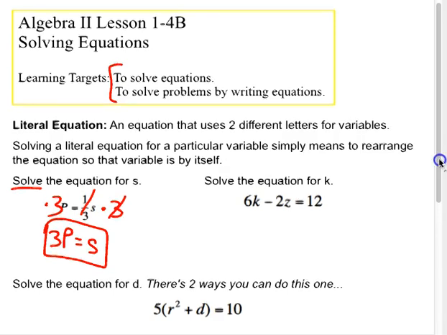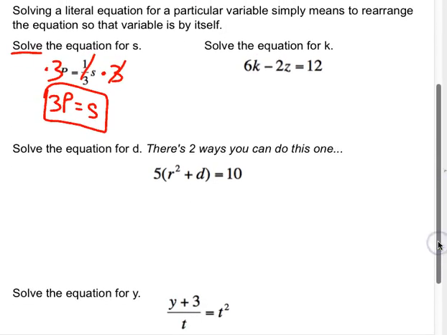Or what about this one? Solve for k. So I want to get the k by itself. What that means, first and foremost, is anything else needs to be moved to the other side. So this 2z, I need to add over.